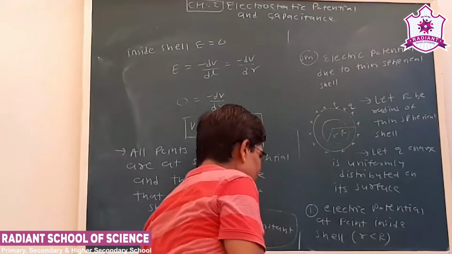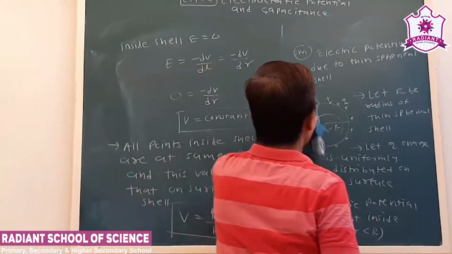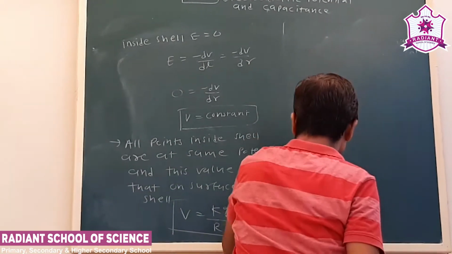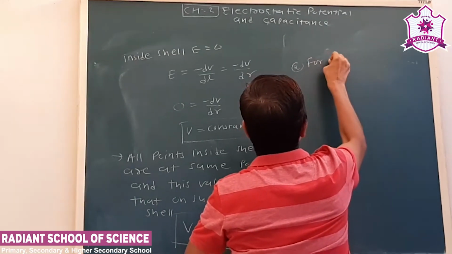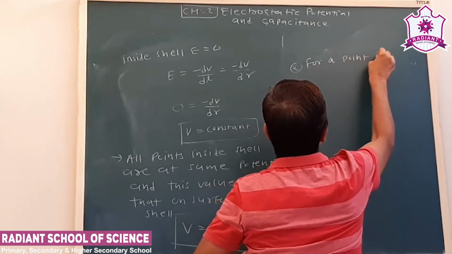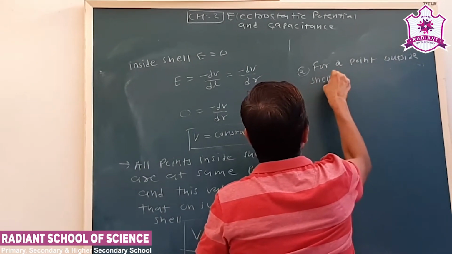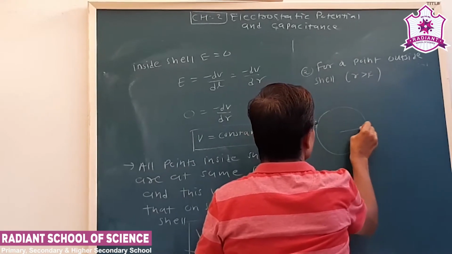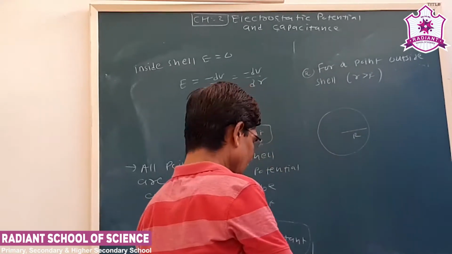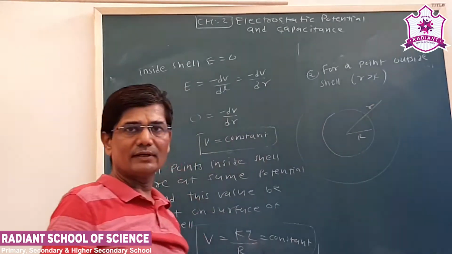Now see the second part. For a point larger than capital R, we can write: for a point outside the shell, let us say again R is the radius and r is the distance where we have to find the potential.